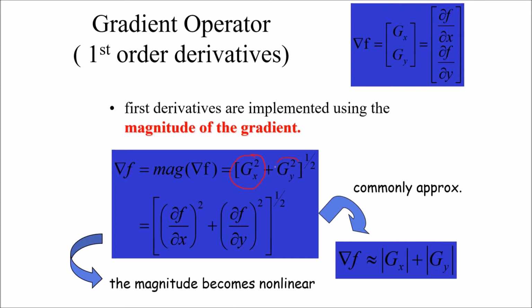Next you find the y property of the gradient, and then you determine the magnitude of both gradients by using a simple addition, in which you can use either the square root of gx squared plus gy squared, which is the magnitude of both, or you can approximate it by using a simple absolute value operation.